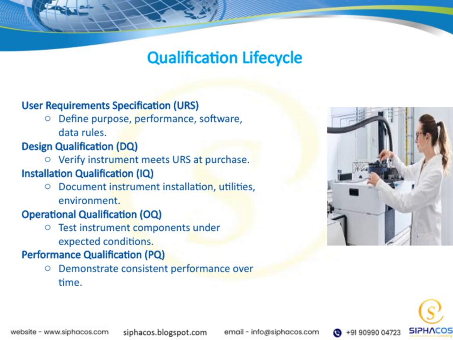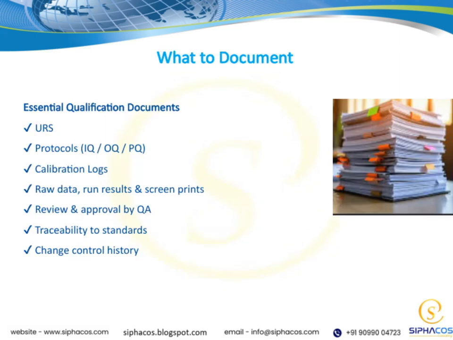This phase demonstrates that the equipment performs reliably over time, under real-world conditions, ensuring it can deliver consistent results in everyday use. Together, these steps form a comprehensive life cycle that ensures our processes are validated, compliant, and capable of producing high-quality results consistently. Let's take a closer look at what we need to document to ensure compliance and quality.